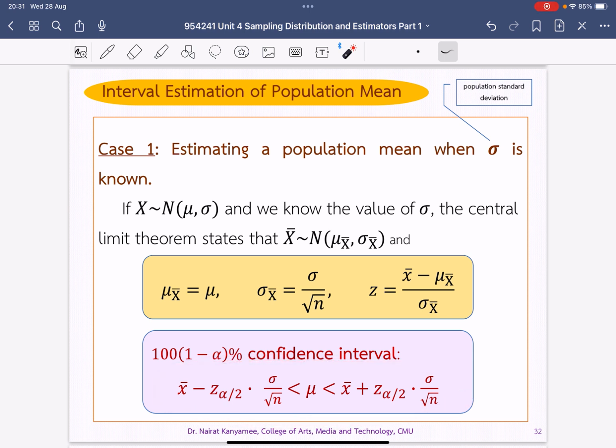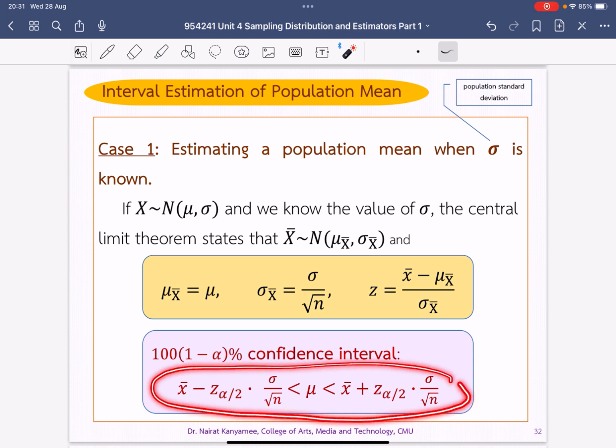Mu falls between x bar minus z alpha over 2, which you need to look up in the table just the way we did before, times sigma over square root n, and less than the upper bound, x bar plus z alpha over 2 times sigma over square root n.